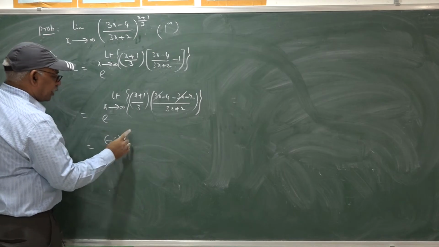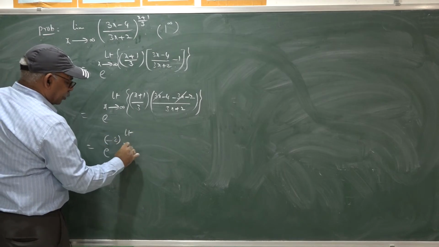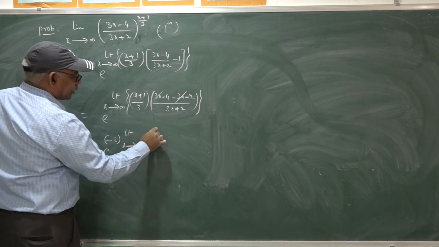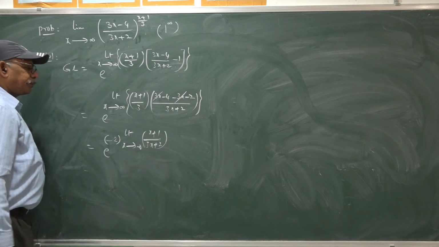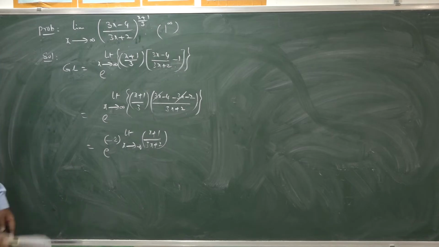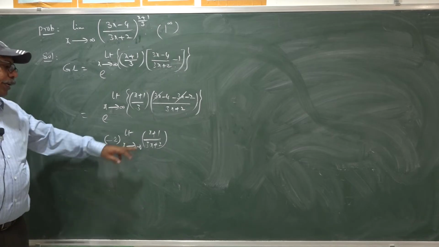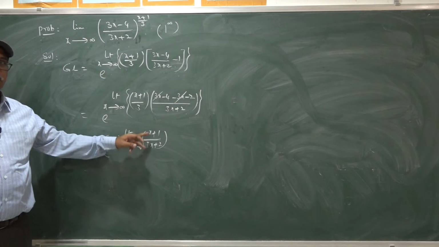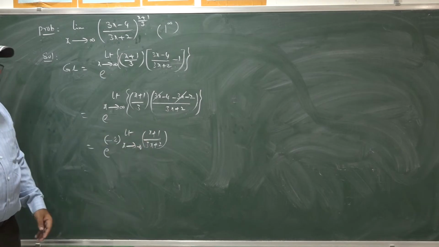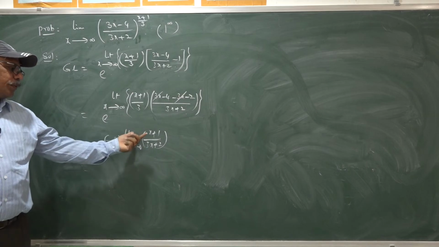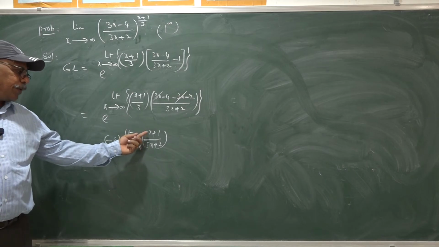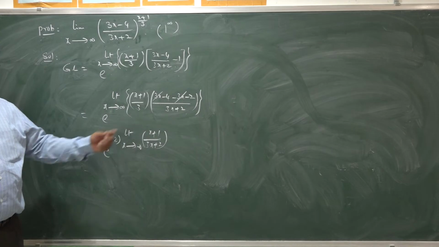So, minus 2 into limit as x goes to infinity, (x plus 1) by (3x plus 2). As x goes to infinity, clearly the numerator's degree is same as that of the denominator's degree. Hence, A naught by B naught, the ratio of the leading coefficients, is clearly 1 by 3, which is finite.